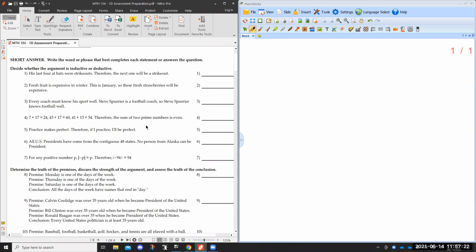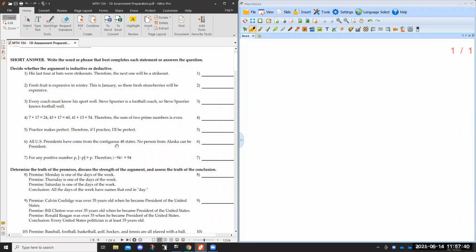That's deductive. So you start off with a big statement about, practice always makes perfect. If I practice, I'll be perfect. So that's deductive because you start off with a big statement, say, if I do that thing, then I'll get the consequence. That's a deductive argument.